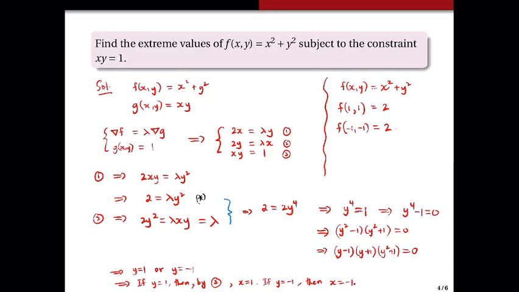So it seems that both are of equal values, which means the points on the constraint lie on a flat part of our function.